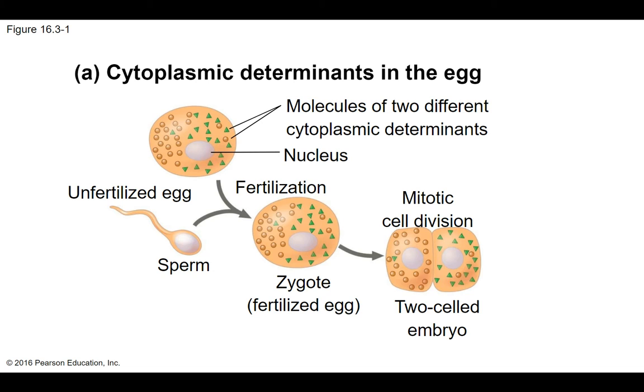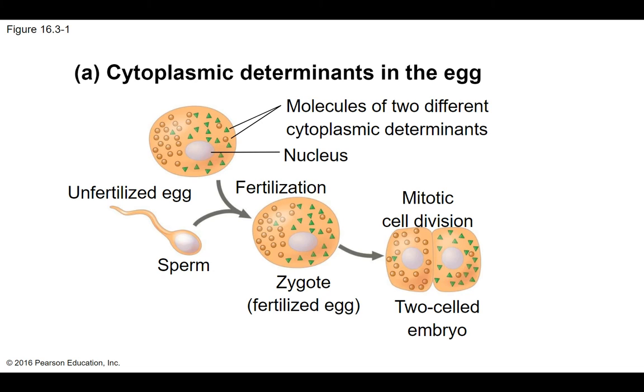If that egg is fertilized, you get the zygote down here. And then when that zygote first divides, this is just the very first division, you can already tell the molecules that end up in the cell on the left are not the same as the ones that end up on the right. There's already a difference between these two cells.